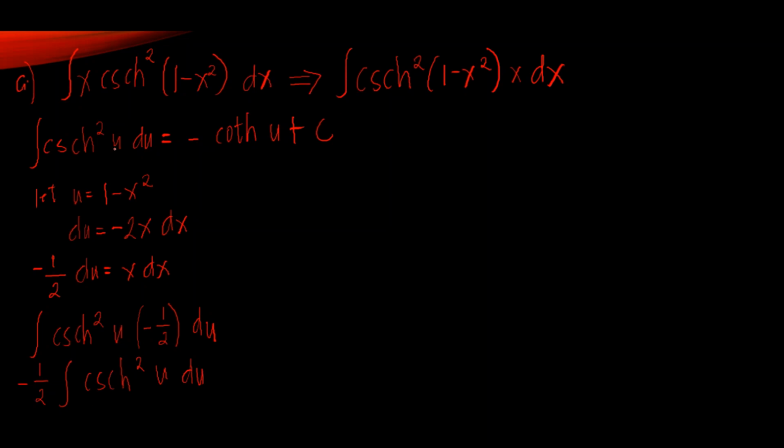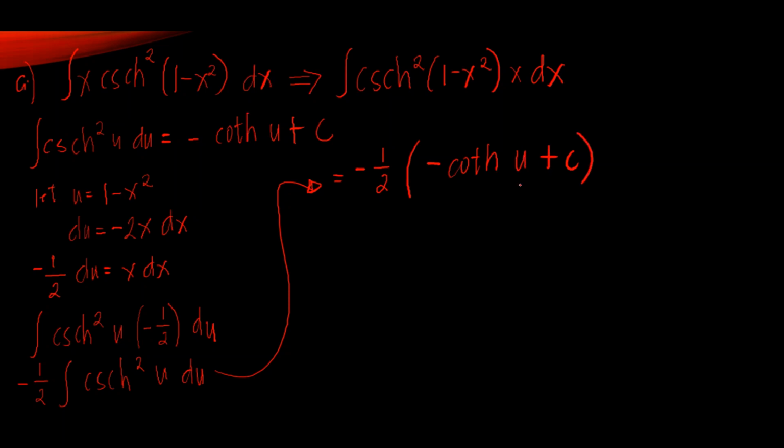And then, pwede nating gamitin ito. So, this will be equal to negative 1 half times the integral of this one, which is the same as this. This is negative cotangent hyperbolic u plus c. Okay?